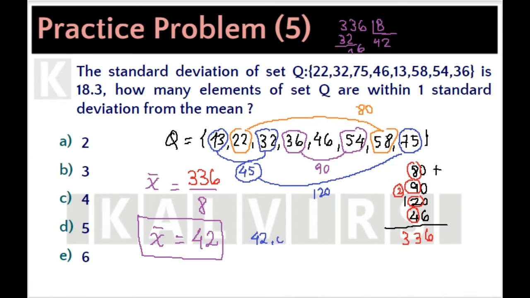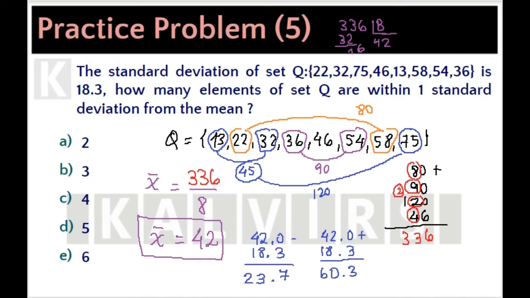42 minus 18.3 and 42 plus 18.3. This one is much easier: 6.3, and this one is 29, 23.7.